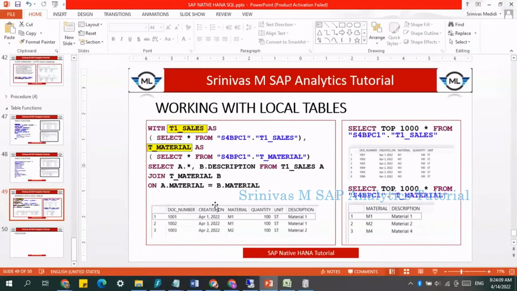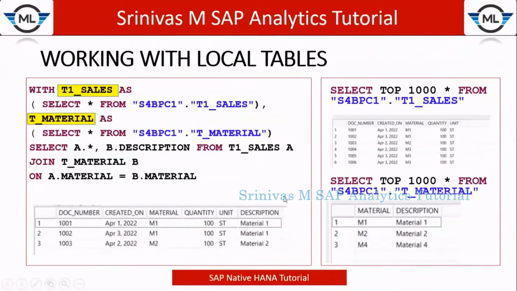So let's discuss our example first, then I will go into the system and explain how to write it. Our example is, I have one table called T1_sales. In this screenshot we can see this T1_sales table has around 6 records.